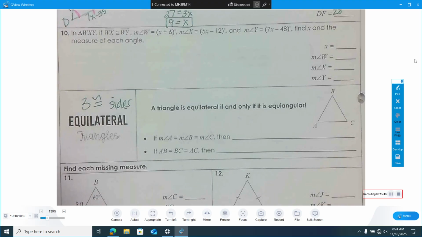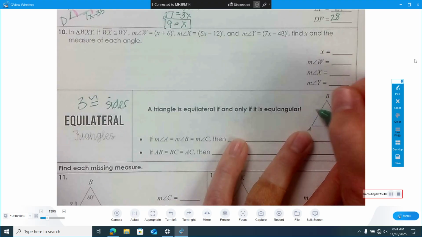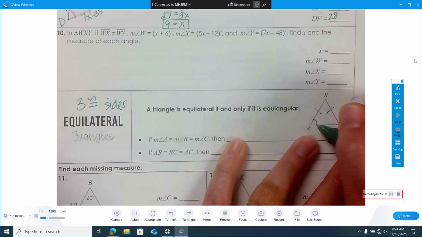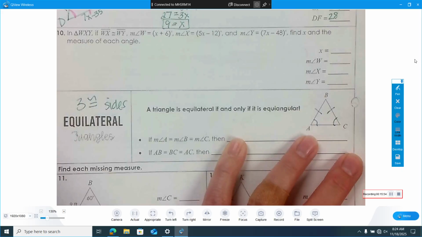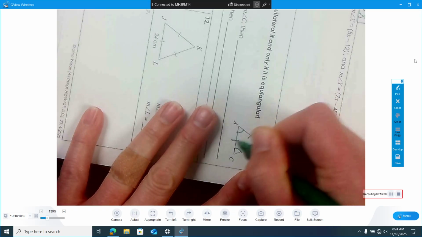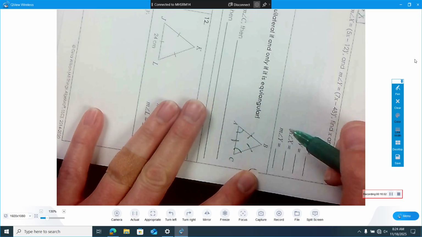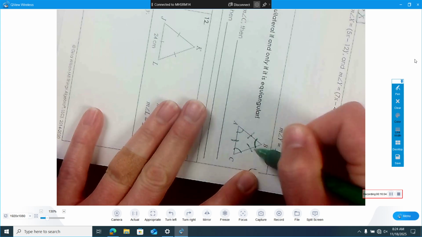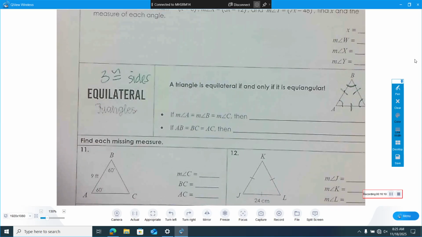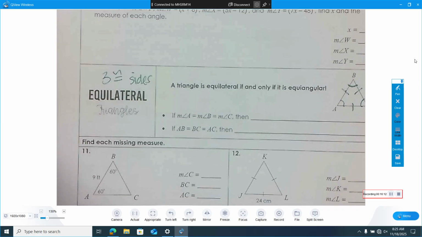So you imagine if we have 2 congruent sides, we already know that the base angles are also congruent. But in an equilateral triangle, hey, look, if I rotate the triangle, I still have another pair of congruent sides, which means that, hey, that other angle must also be congruent. So it's really just a special case of an isosceles triangle.